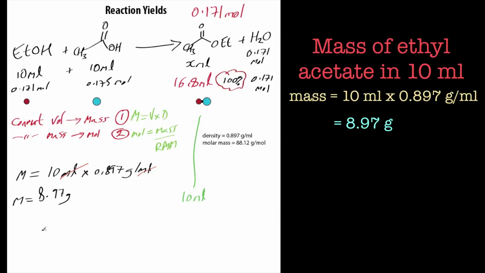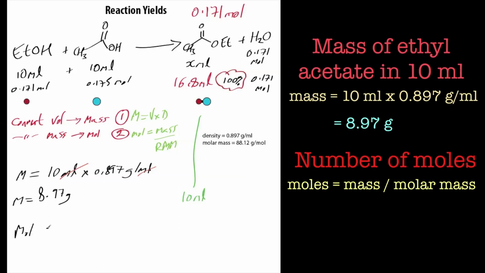So 8.97 now needs to go into this equation, that's the mass bit there. We know the relative molecular mass, the molar mass here, so the moles equals the mass, 8.97, divided by the relative molecular mass, which is 88.12.